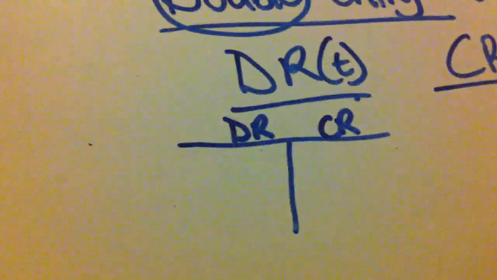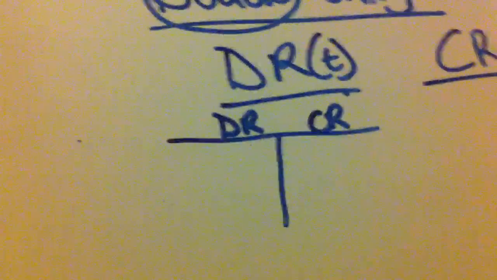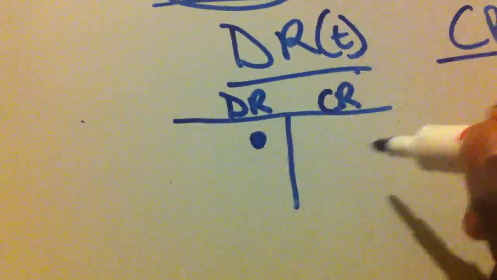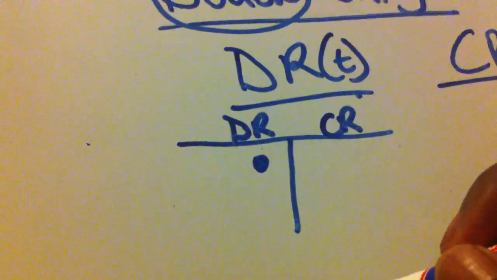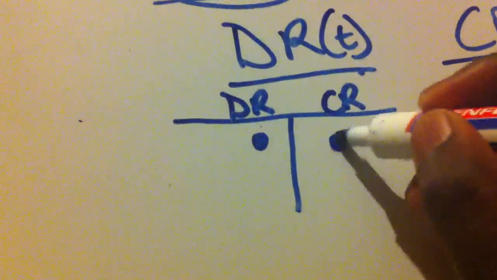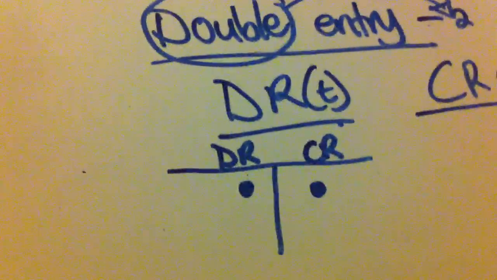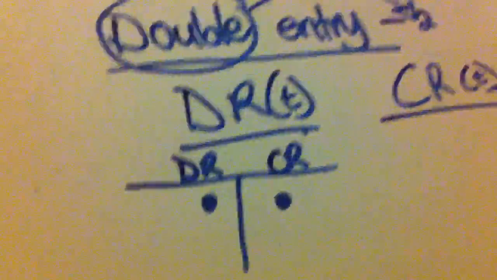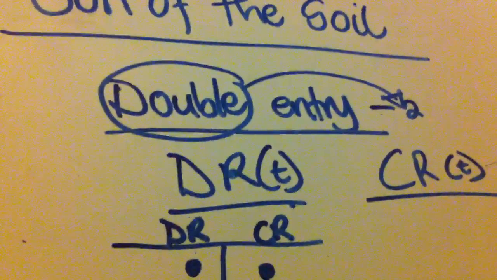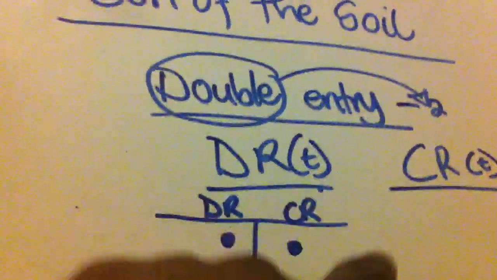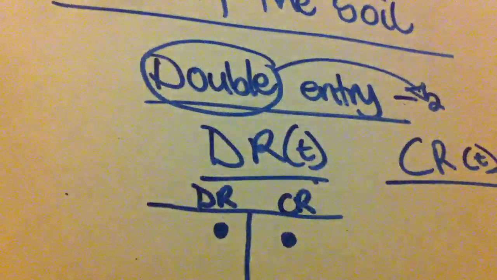So what are we saying when we say we are debiting something? It means we are putting it on this side of our T account, and crediting means we are putting it on this side of our T account. So for every debit side, there is a corresponding credit side.